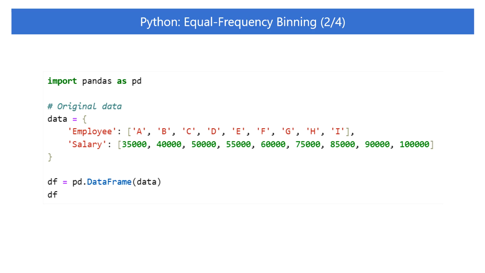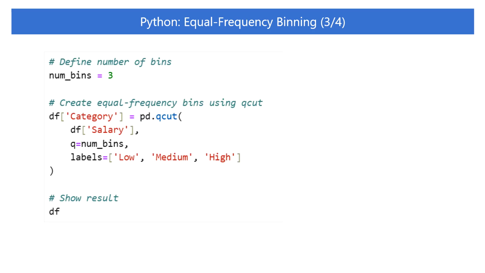In the next code block, we create a dataset by creating a Python dictionary containing 2 keys. Employee is a list of employee names. Salary is a list of their respective salaries. Then, convert this dataset into a data frame by using the pandas DataFrame method. Let's go on.